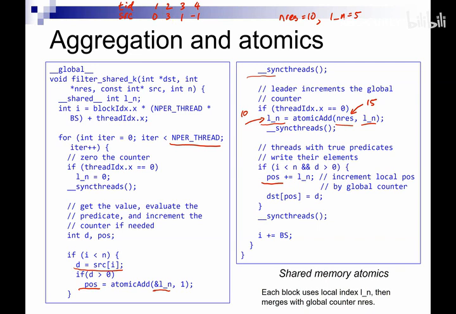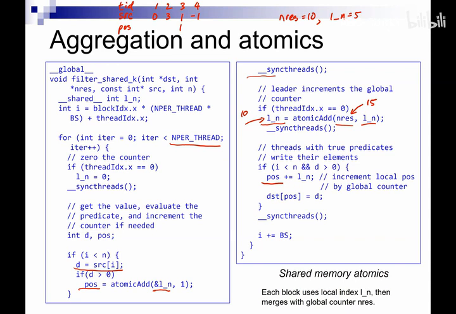We don't really know the order that the threads are going to execute in, so potentially we could have thread 3 execute first before thread 2. Thread 3 has a value of 1, which is positive, so he's going to do the atomic add and get a position value of 1. So ln is going to go from 0 to 1.